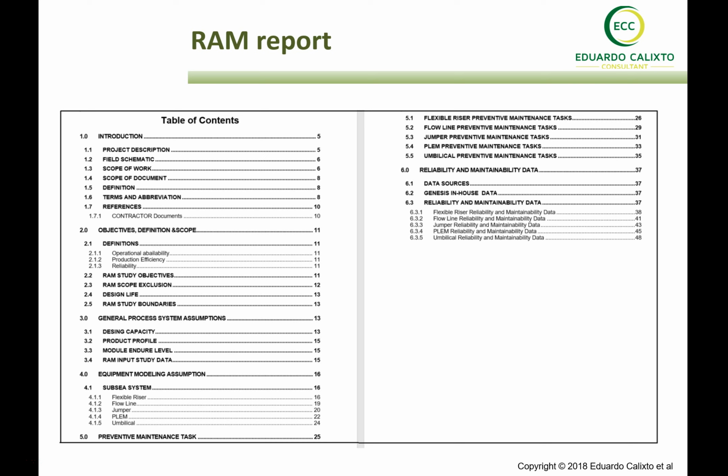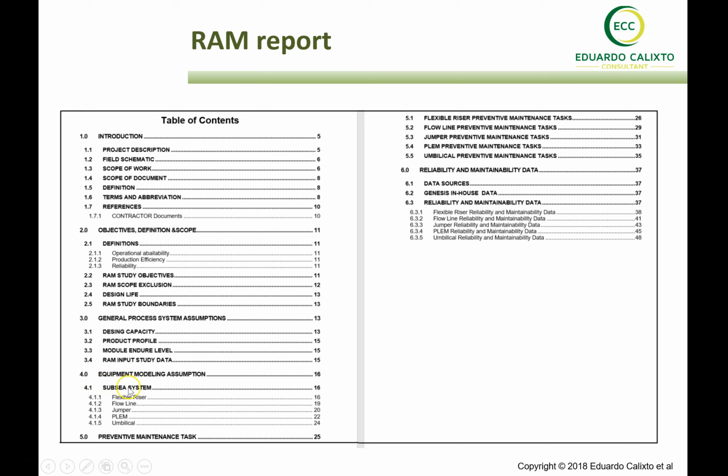If you have different products or raw material inputs, you need to put them in here. If this changes from time to time, that information needs to be clear in the production profile. Then the RAM study input data: that's about the reliability and maintainability data. You need to put a chapter about that, and then of course equipment modeling.